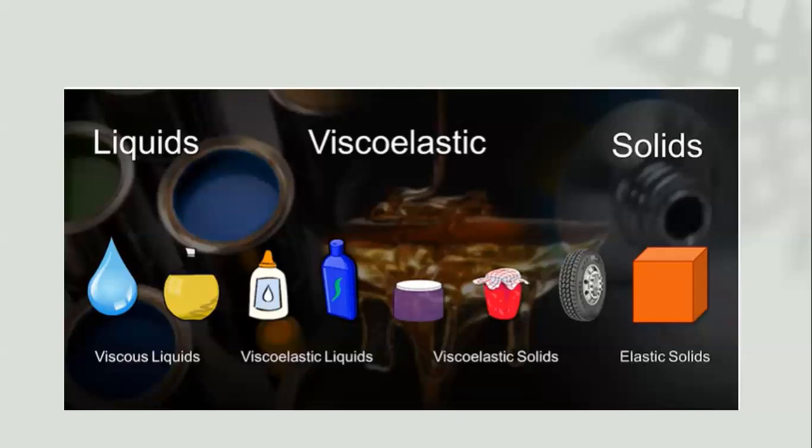Materials with high viscous portions are called viscous liquids, and they are also known as Newtonian liquids. At constant ambient conditions, no matter how much stress you put on a Newtonian liquid, it will always show the same viscosity.